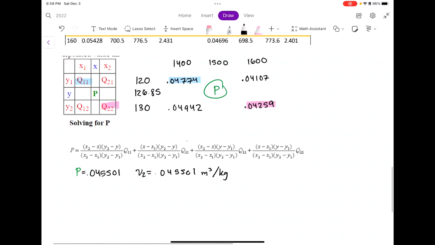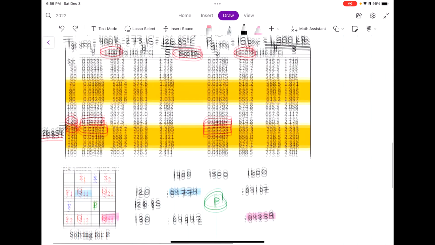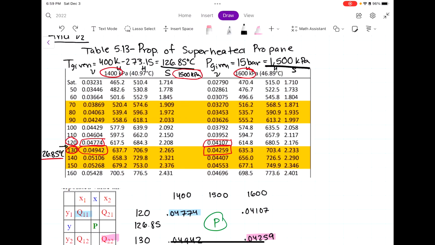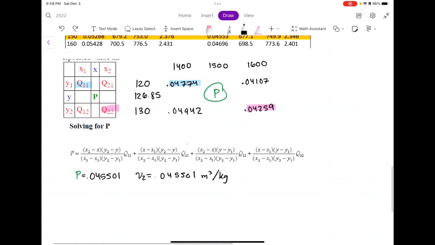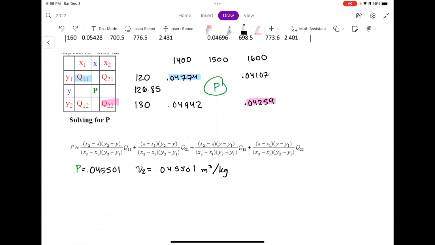Those are the units that were mentioned in my table, if I hadn't cut it off. However, we're still not done yet because we're looking for mass.